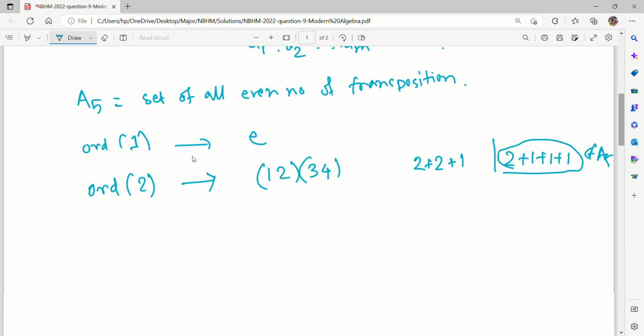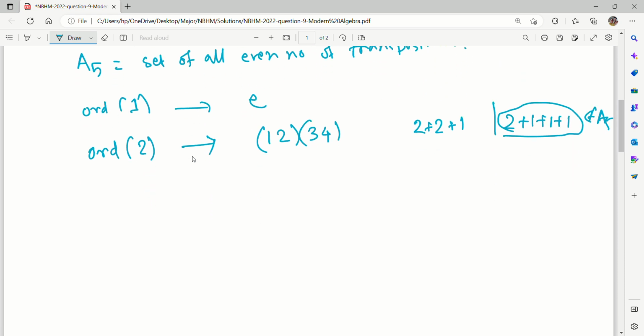Now how many elements will be there of this cycle type? We are in S5, since A5 is a subset of S5.